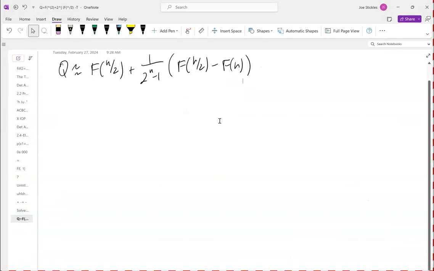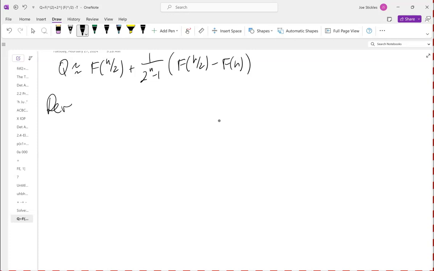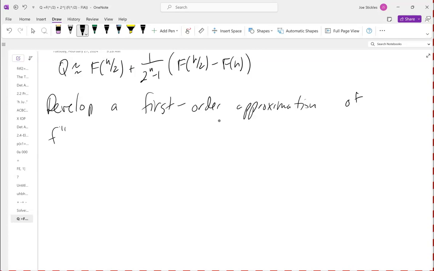Let's say you were asked to develop a first order approximation of the second derivative using f of x minus h, f of x, and f of x plus 3h.